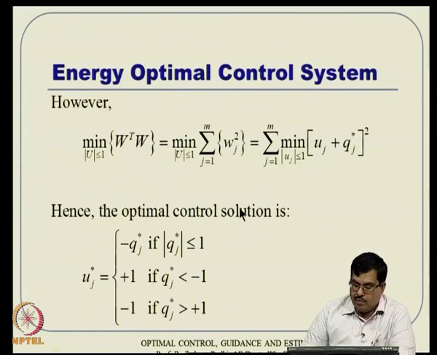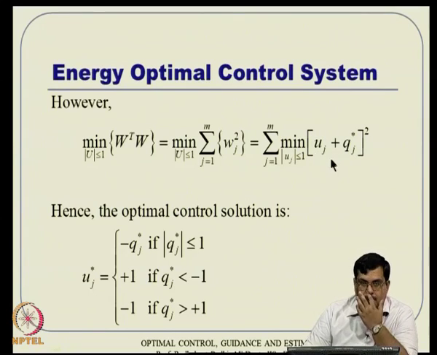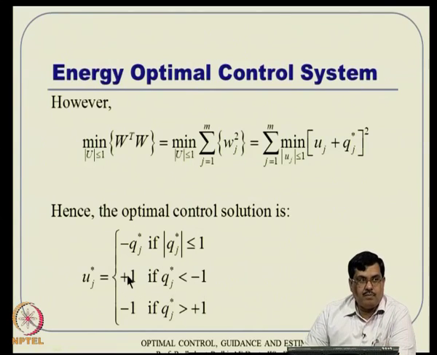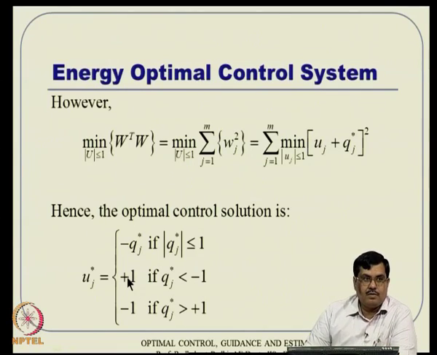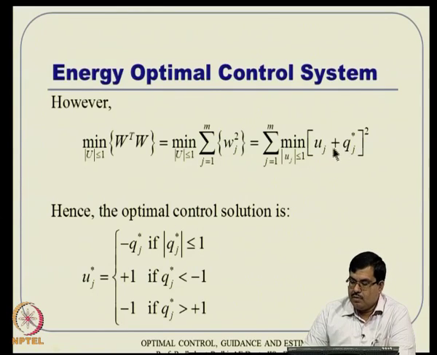However, if Qj star is less than minus 1, let us say, then whatever quantities I have, I should have a minimum quantity there. The best I can do is by putting plus 1 there, which is the magnitude bound. Even if it is something like minus 3, the summation will be minus 2.